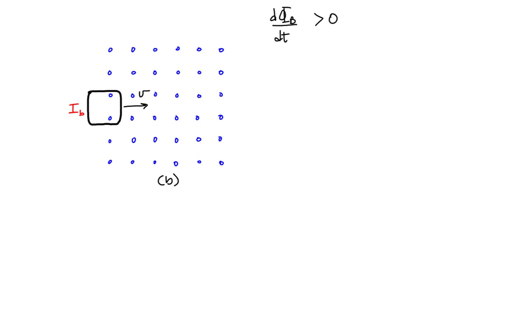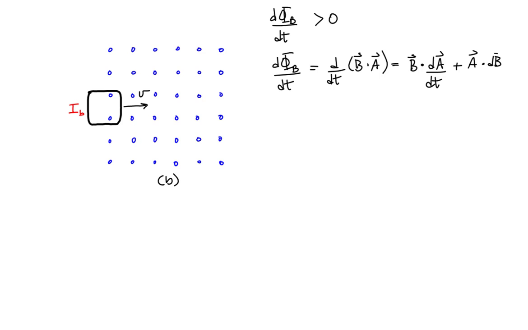Now we can see that formulaically by just working out this time derivative of magnetic flux. Remember, the time derivative of magnetic flux is given as the time derivative of the dot product of the magnetic field and the surface area vector, which is just the dot product of the magnetic field with the time rate of change of the surface area vector plus the surface area vector dotted with the time rate of change of the magnetic field.